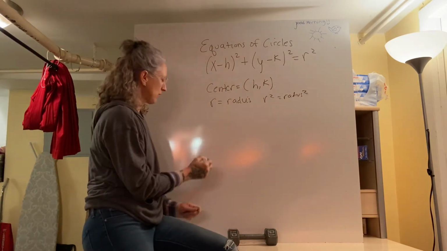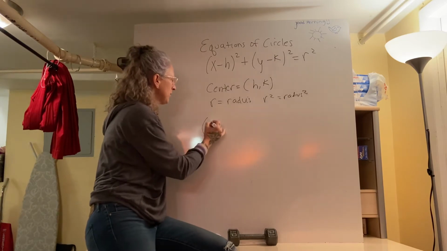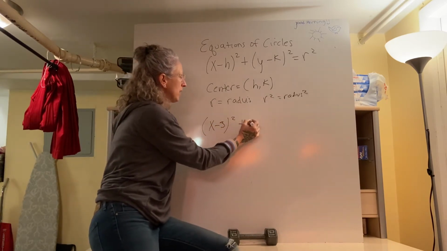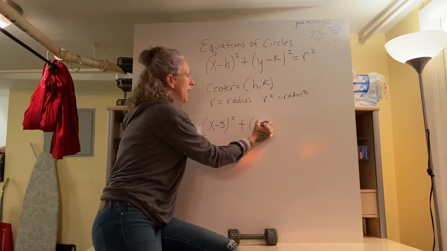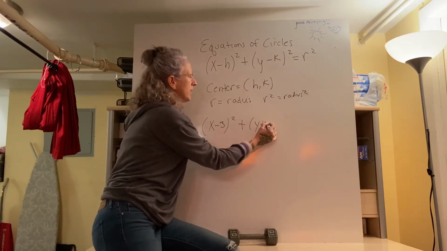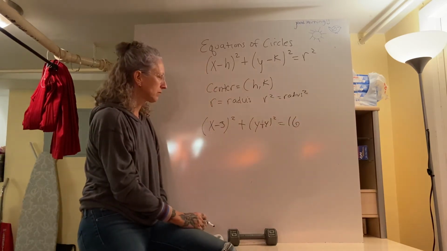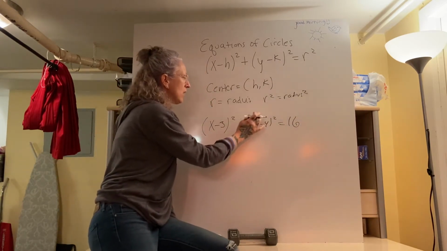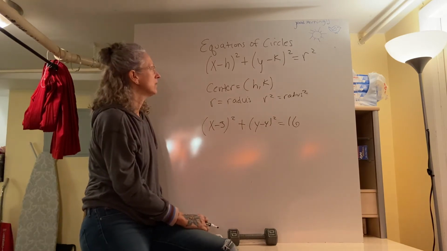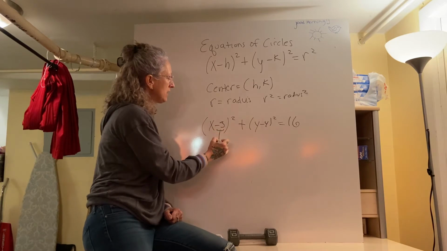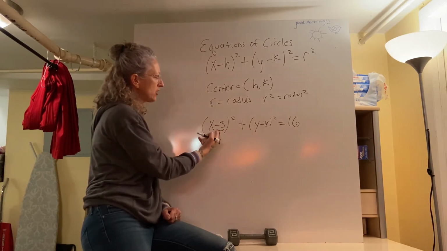So we'll practice. Here's an example of an equation of a circle: (x minus 3) squared plus (y minus 4) squared equals 16, okay? I'm going to ask you guys, what's the center of this circle? This number right here is our x coordinate, but we have to change the sign.